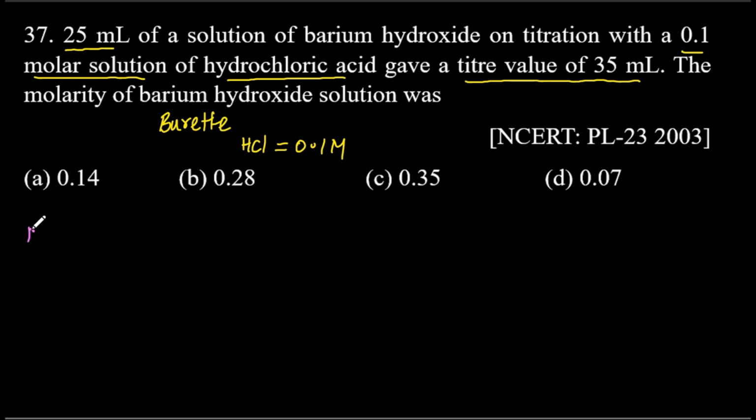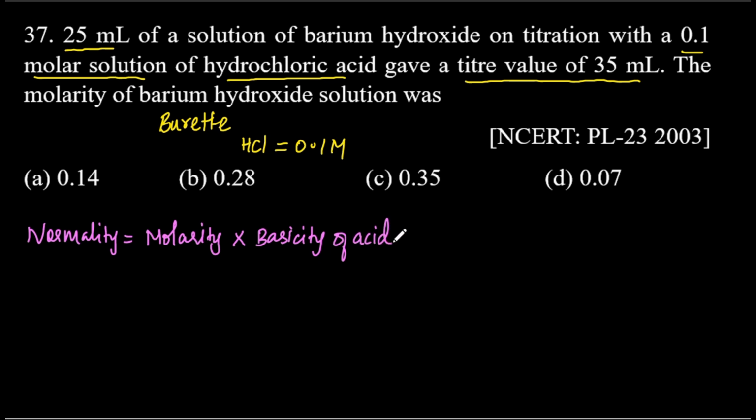For that, the formula is normality is equal to molarity into basicity of acid. If it is an acid, you have to consider the basicity of acid, and in case of base, you have to see the acidity of base.